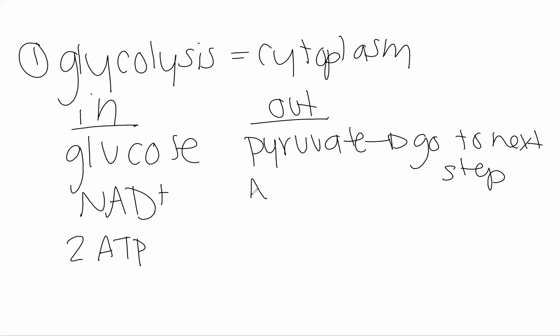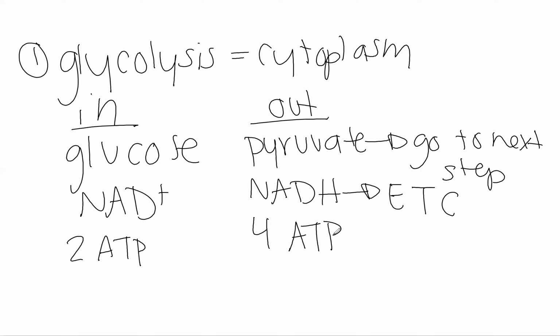We are going to have NADH, and that's going to go to the electron transport chain, and then we're going to have 4 ATP. So we have a net total of 2 ATP that's created from glycolysis.